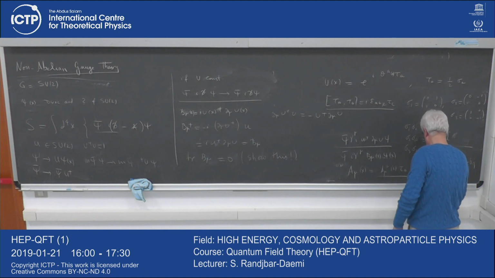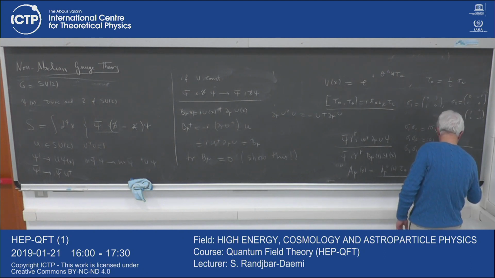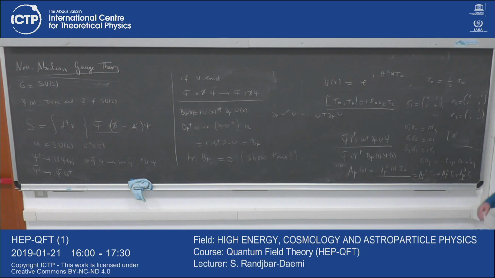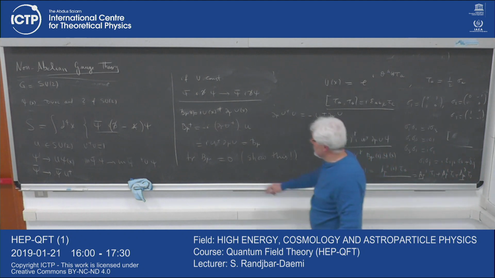So there are A mu 1, tau 1 plus A mu 2, tau 2 plus A mu 3, tau 3. There are 3 vector fields we introduce. These 3 vector fields are multiplied by the Pauli matrices, 1/2 the Pauli matrices. Okay? That's what this A is.